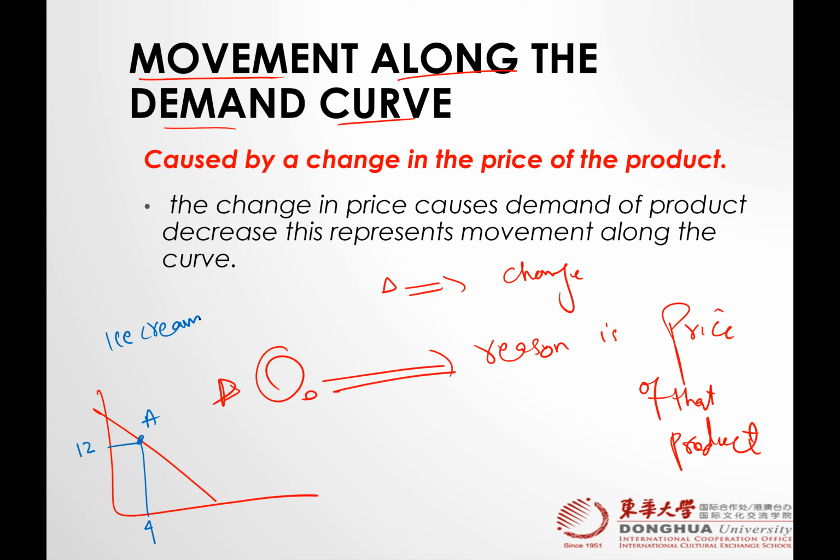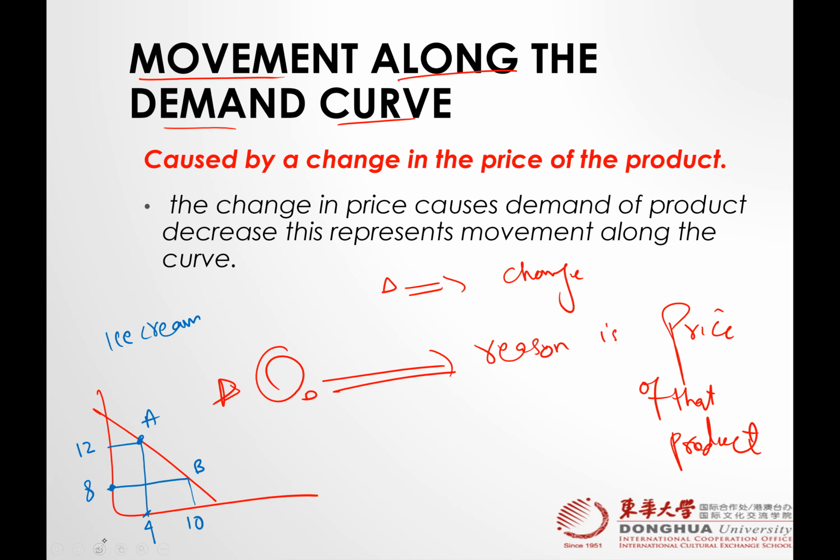So when the price is 12, the quantity demanded in the market is just 4 ice creams. What happened? The seller dropped the price to 8. And at 8, the quantity is 10. So we call this movement.